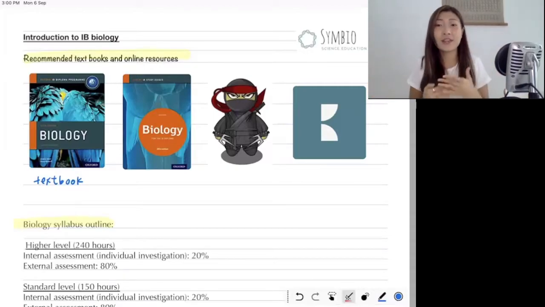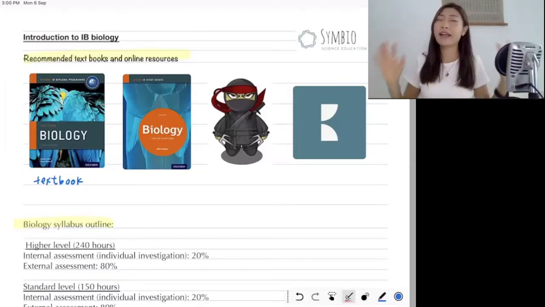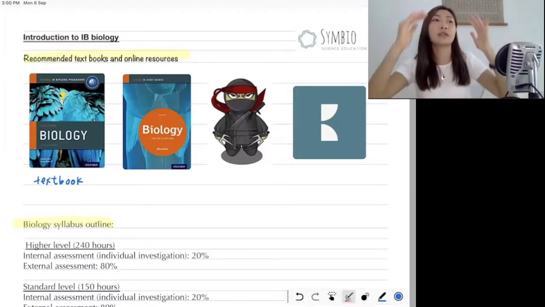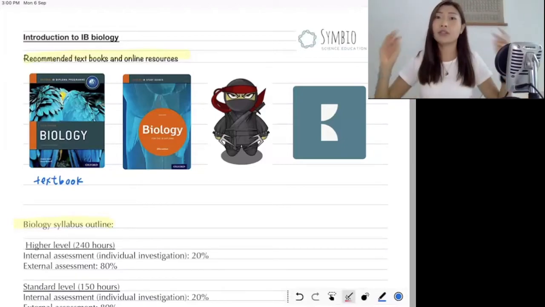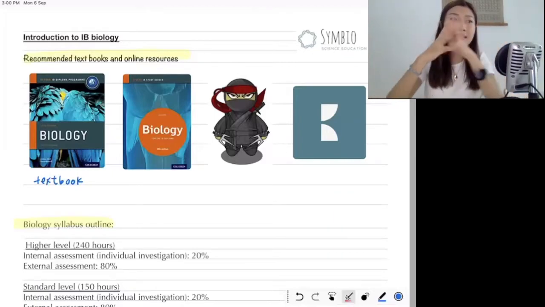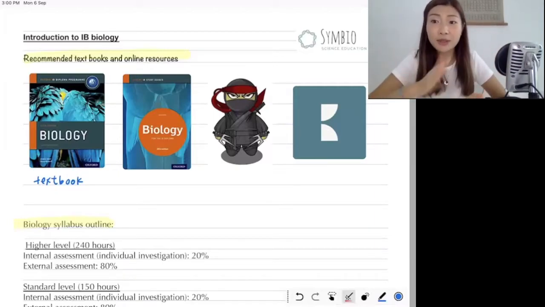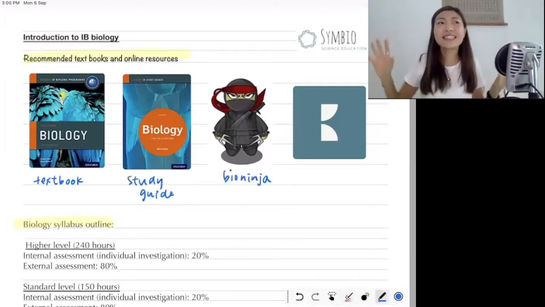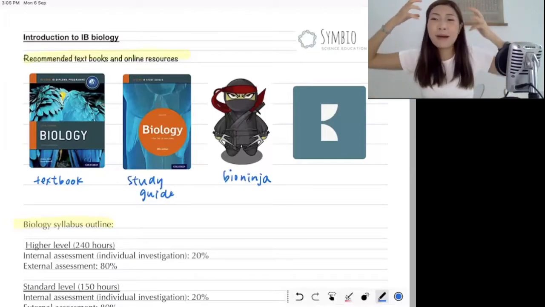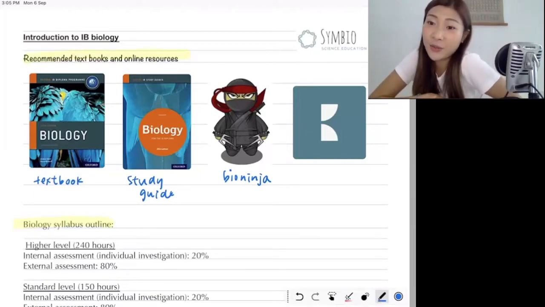For every single subtopic, they have a page on it and they have all the content that you need for IB biology, standard level, higher level, everything by subtopic. And you know what the best thing is? They make a mini poster for every single chapter as well. So if you want something really nice to look at, some visuals that help you memorize the content a lot better, then BioNinja is a very good website.